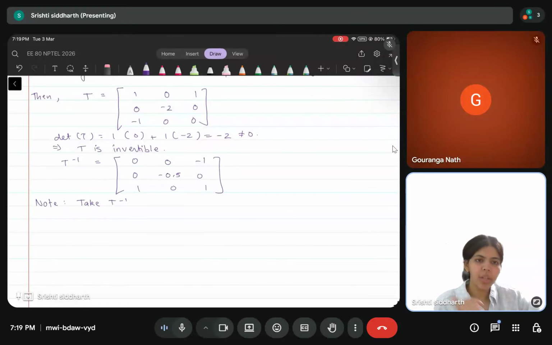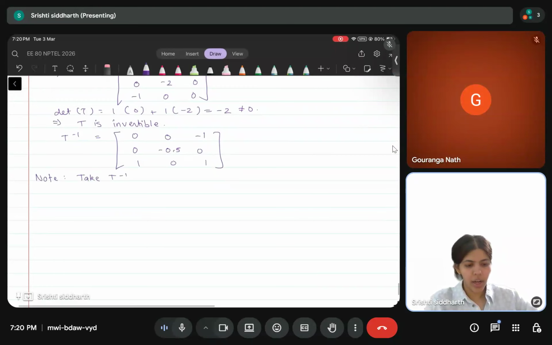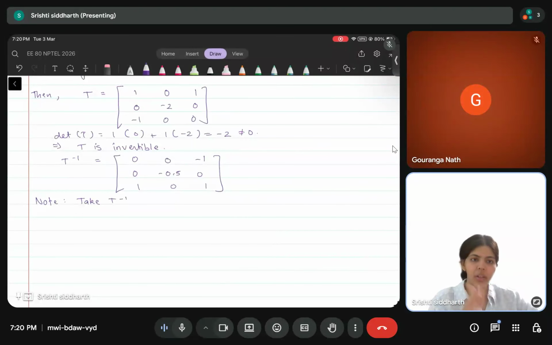So you sometimes have to check whether to take T or T inverse as the similarity transformation and the other one as its inverse. The T or T inverse which gives the standard form for an uncontrollable system would be the transformation matrix. In this case, you can try both T and T inverse. I got the answer from T inverse. So take T inverse as the similarity transformation.